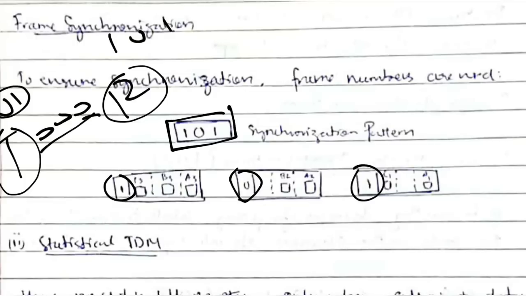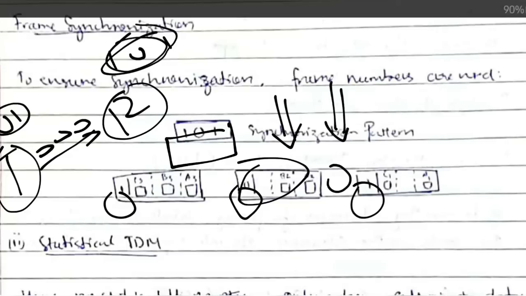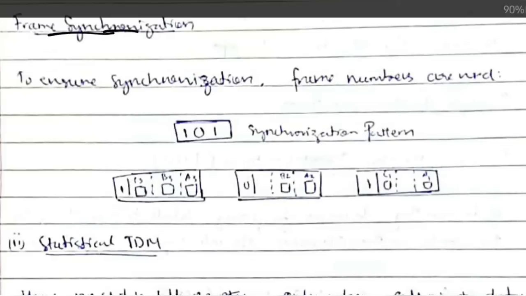This will be sent to the receiver, and the receiver will check if the arrived data has the same code or not. If it has the same code, that means no error has taken place in the transmission. Else there is some error, because if the code changes, that means some data is lost, or some data is added here. In that way the frames can be synchronized to ensure whether an error has happened or not.